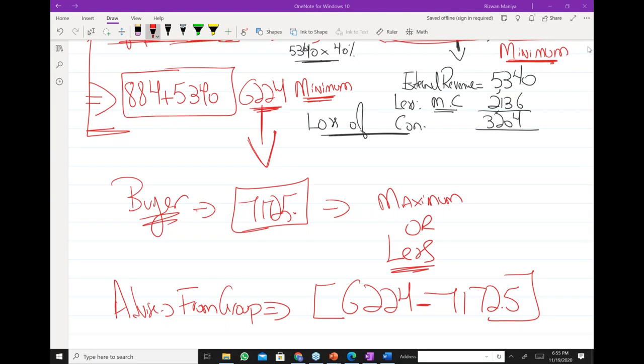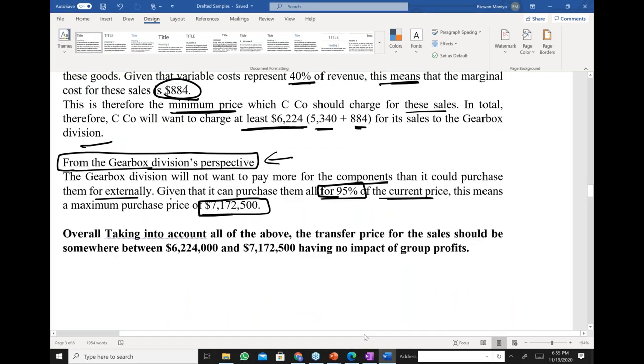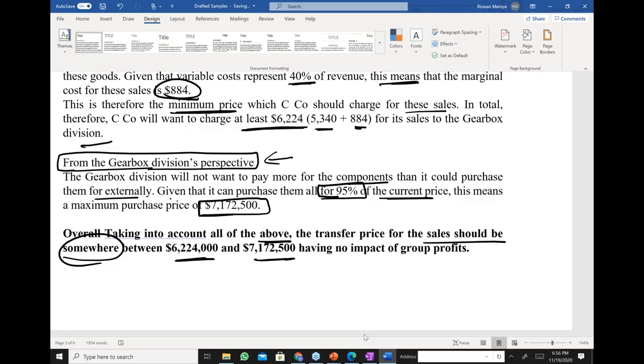Now, done. So this is what I have to write here. Overall, taking into account all the above, the transfer price for sale should be somewhere between this and this, and it says having no impact on group profits. Is it true, guys?